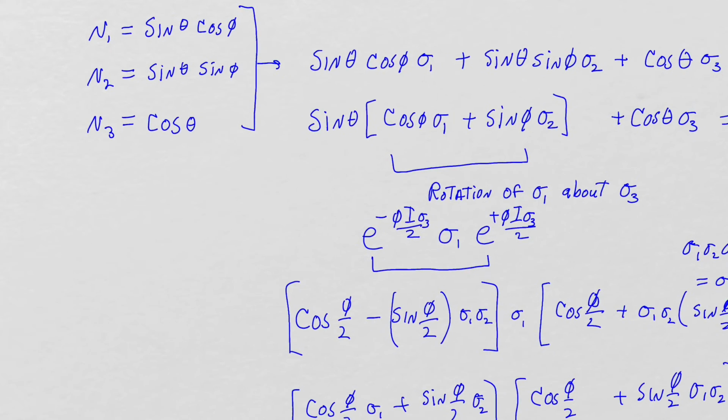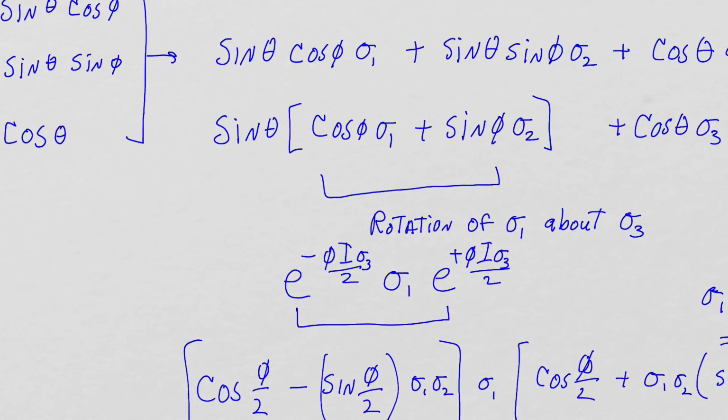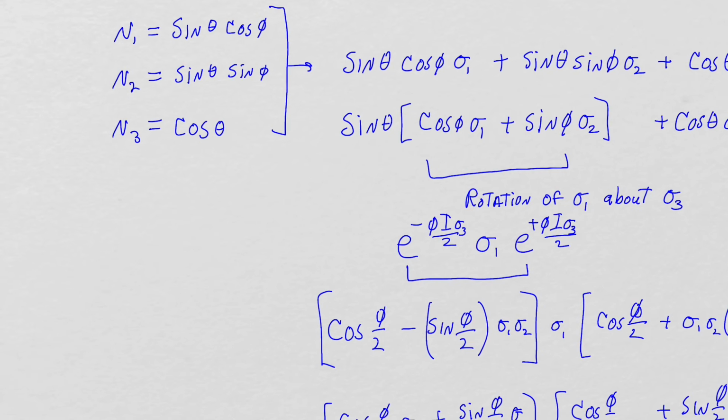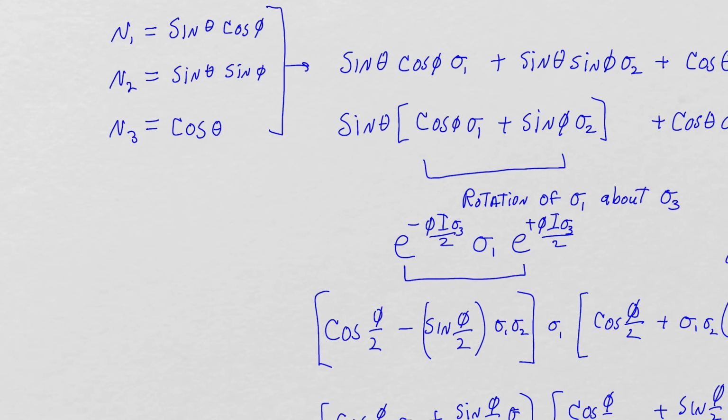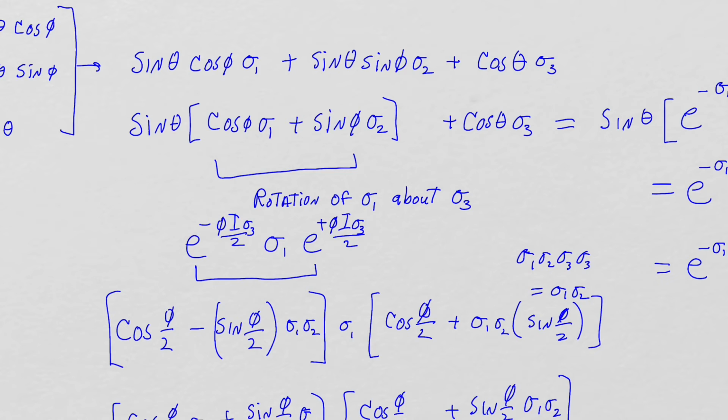But say you've chosen those axes. Now, once I've chosen those axes, I can write them down in a vector form, right? I can say, well, this is the x-axis, so this is the component on the x-axis: sine theta cosine phi, with sigma 1 as the basis vector in the x direction. And sine theta sine phi is the component in the y direction, with sigma 2 as the basis vector, and then just cosine theta in the z direction.